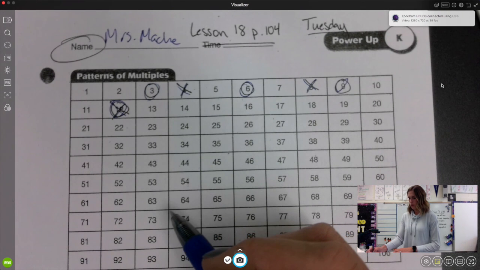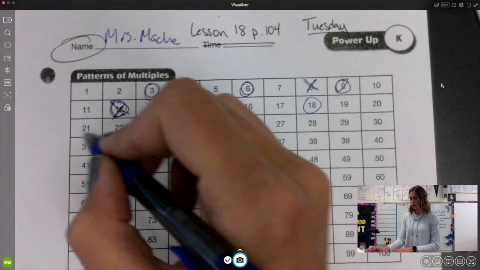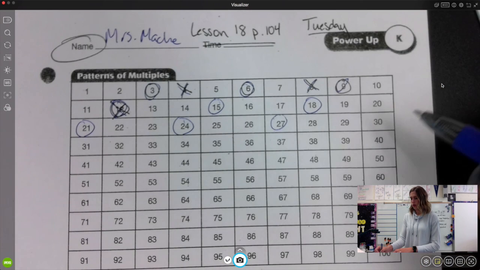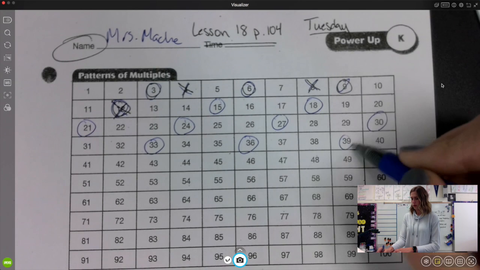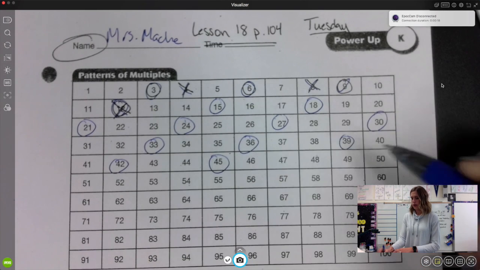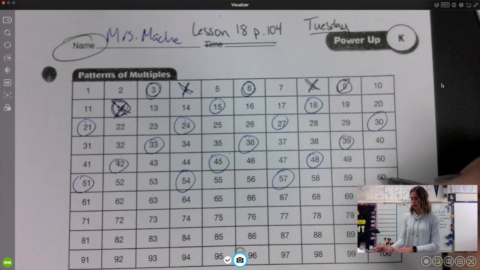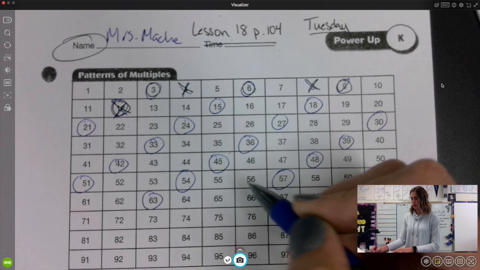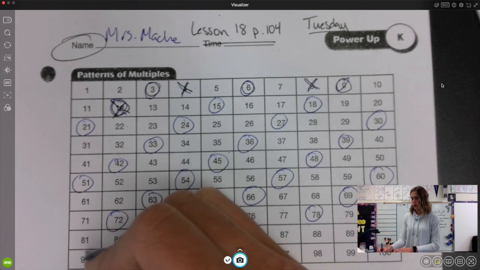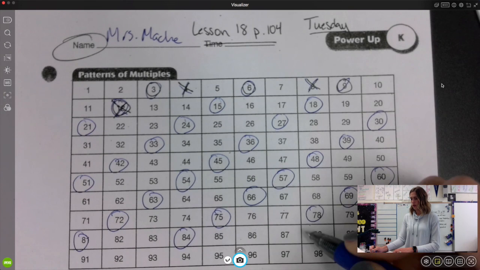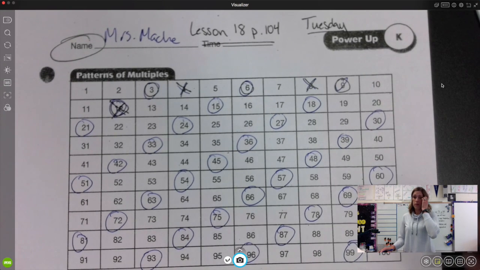All right, so by threes, 15, 18, 21, 24, 27, 30, 33, 36, 39, 42, 45, 48, 51, 54, 57, 60, 63, 66, 69, 72, 75, 78, 81, 84, 87, 90, 93, 96, 99. Those are my multiples of 3.